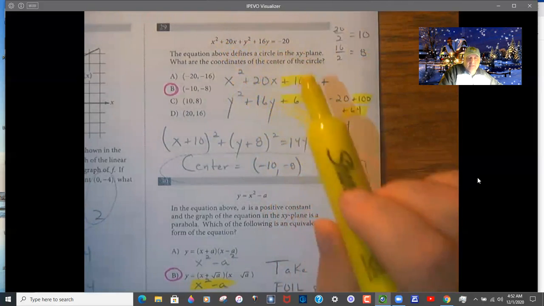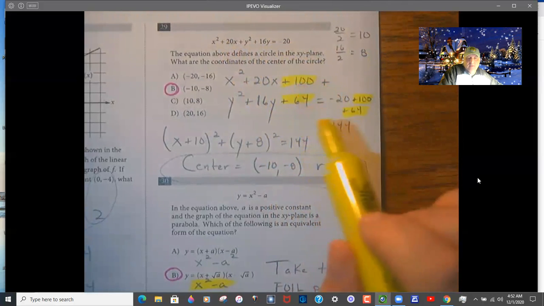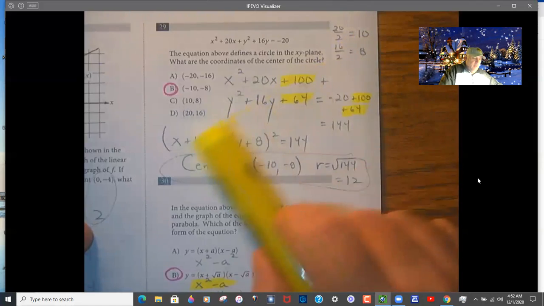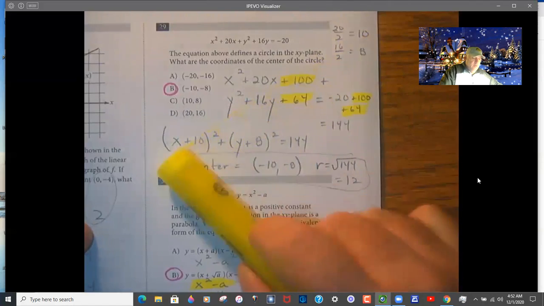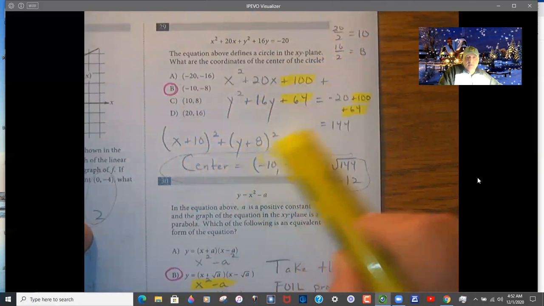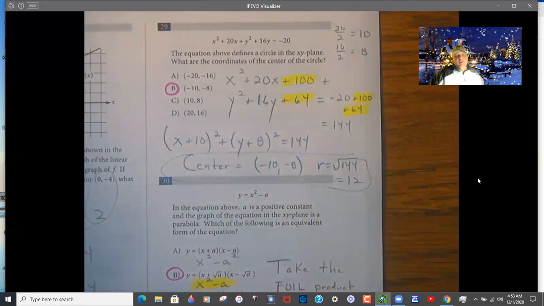And you'd divide the 16 by 2, 8, and you would square that number, and you would add those to both sides. So we did a little bit of work on completing the square. So that might ring a little bit of a bell. Then drag and drop these numbers up here inside the parentheses. And then you have to simplify on the right side. If you can do that, that would be great, but you'd have to know how to do that.